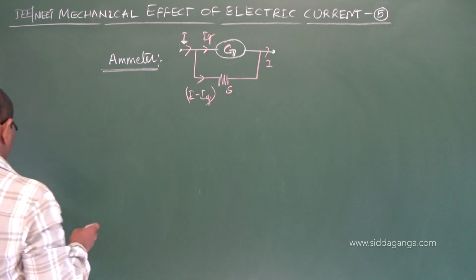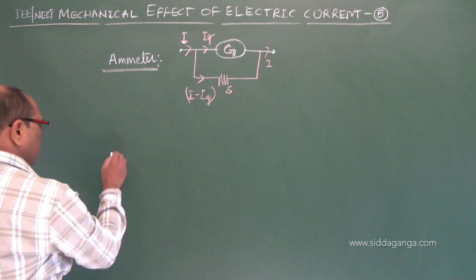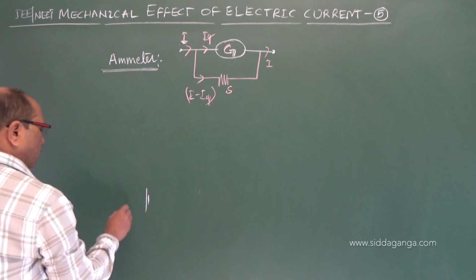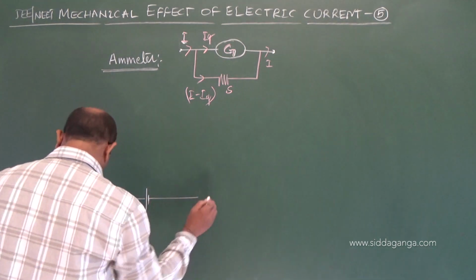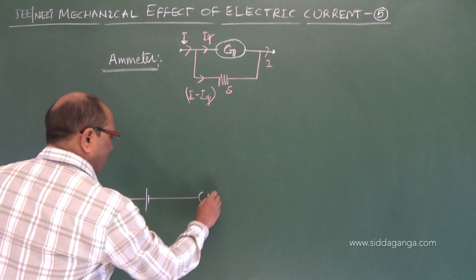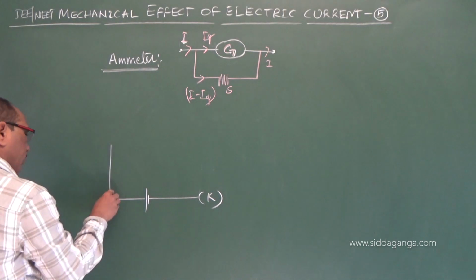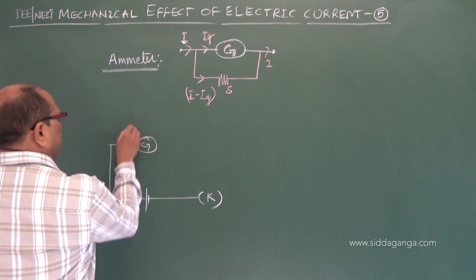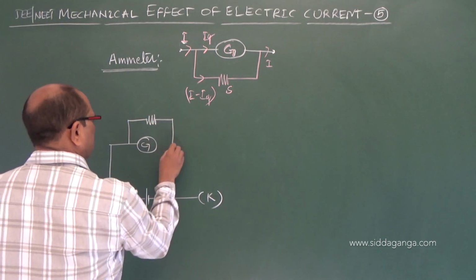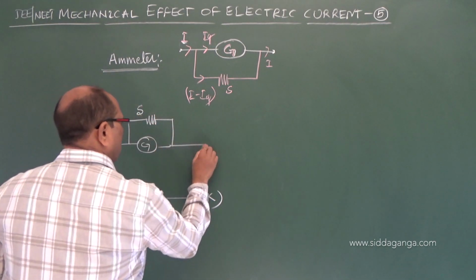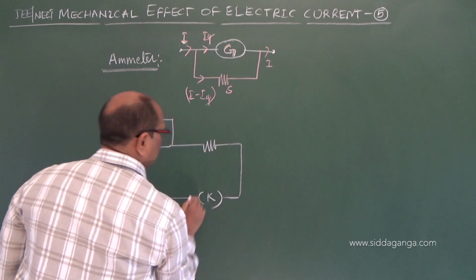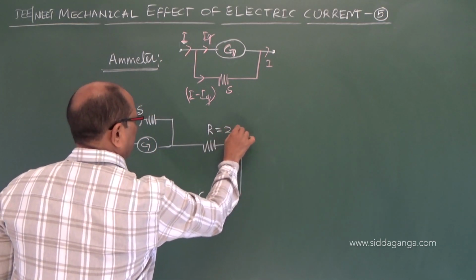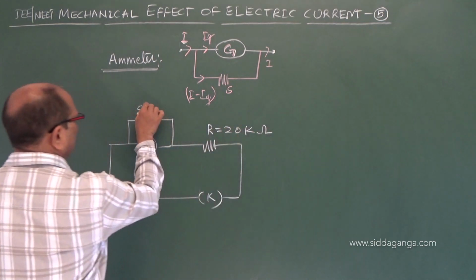So let us take another example in which there is a circuit, the given galvanometer and a shunt resistance S connected in series with a resistor R. It is 20 kilo ohm.